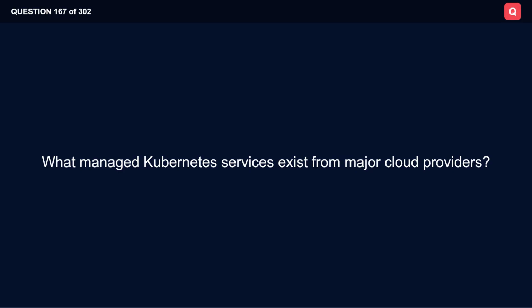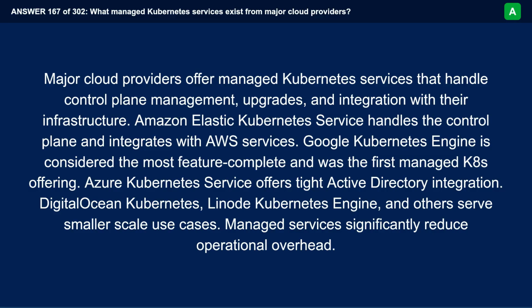What managed Kubernetes services exist from major cloud providers? Major cloud providers offer managed Kubernetes services that handle control plane management, upgrades, and integration with their infrastructure. Amazon Elastic Kubernetes Service handles the control plane and integrates with AWS services.